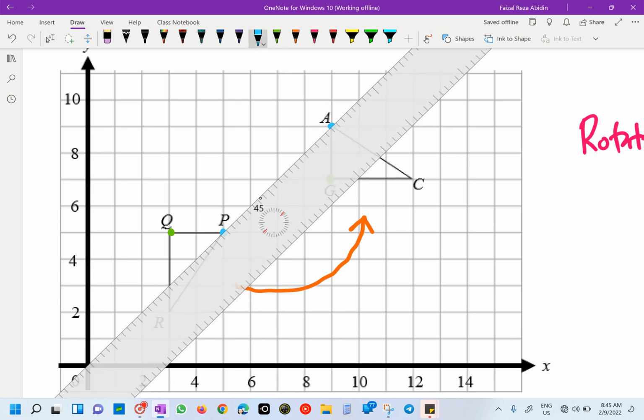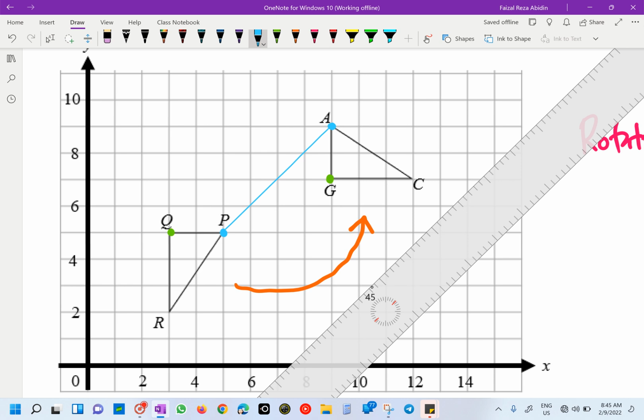And also, I'm going to count how many boxes there. Please count how many boxes there. 4. Kan? Yes. 1, 2, 3, 4. So center, sabar. Did you remember apa kita panggil tu?